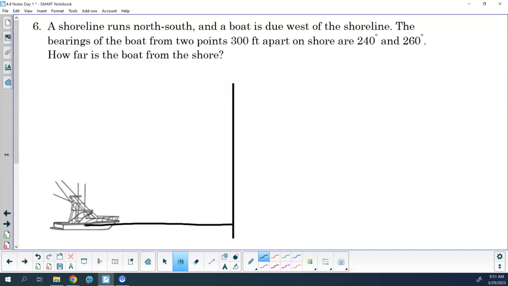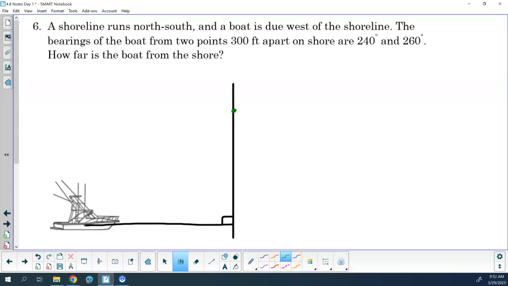We got a right angle, right? Okay. The bearings of the boat from, key there, the bearings of the boat from 2 points 300 feet apart on the shore are 240 degrees.